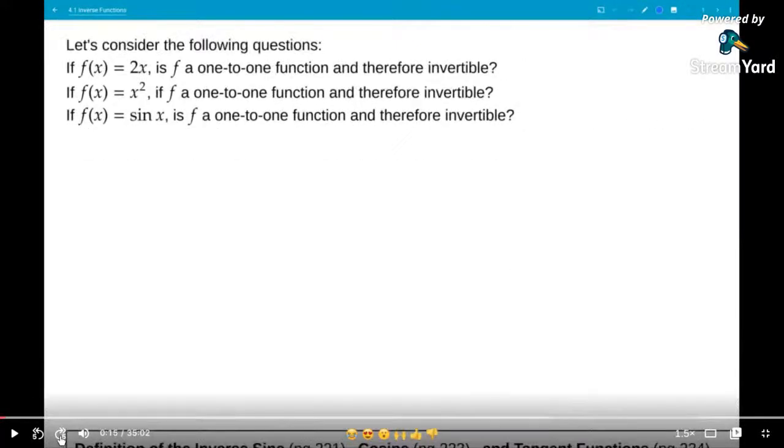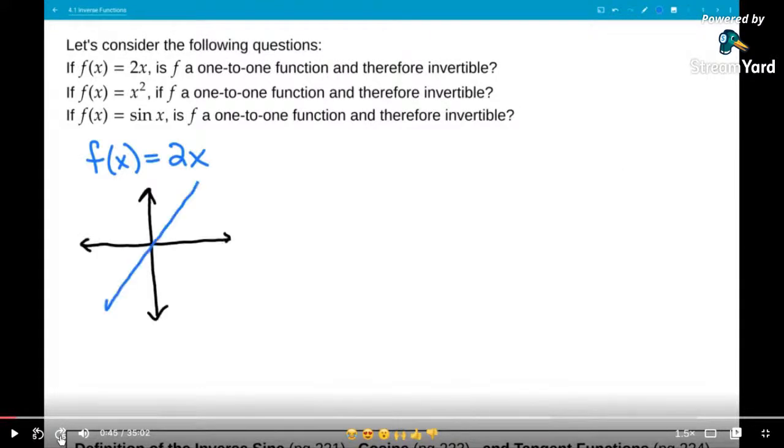Well, you should recognize that f of x equals 2x is a linear function, has slope of 2, and a y-intercept of 0. And no matter what x you give it, no matter what input you give it, it'll pair with one y.